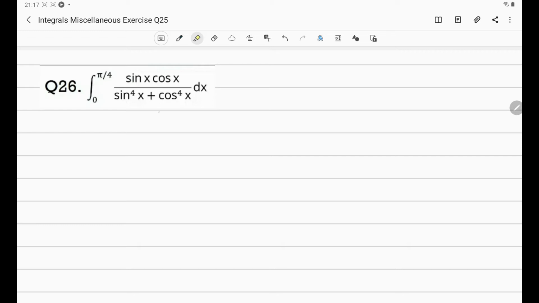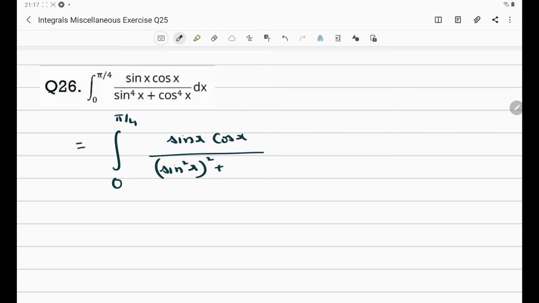Therefore we look for the term sin square x. So let us try to write this as integral from 0 to pi by 4 of sin x cos x by (sin to the power of 4x, which is sin square x whole square, plus cos to the power of 4x, which is cos square x whole square).